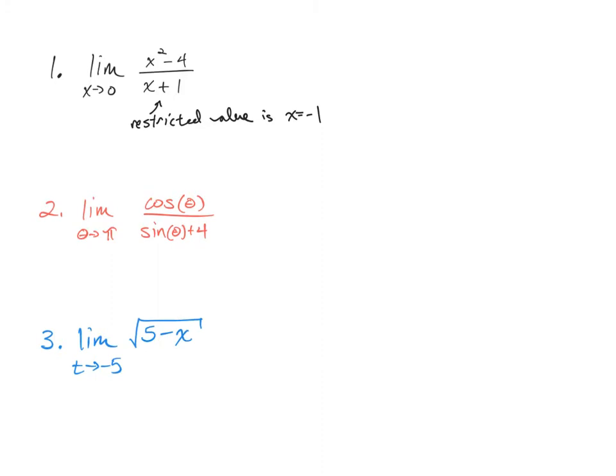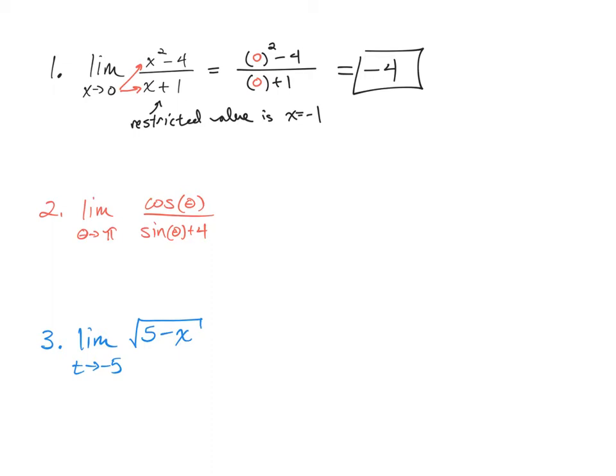And since we're trying to find the limit as x approaches 0, there's nothing stopping us from just directly substituting this value in for x. And so over here, you'll end up with 0 squared minus 4 over 0 plus 1, with the zeros substituted in there. And then when you simplify this down, you'll get -4. So the limit as x approaches 0 of this function is -4.